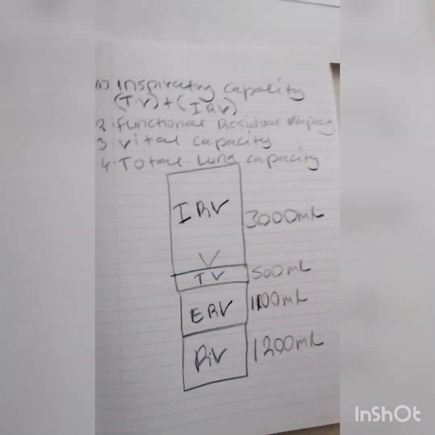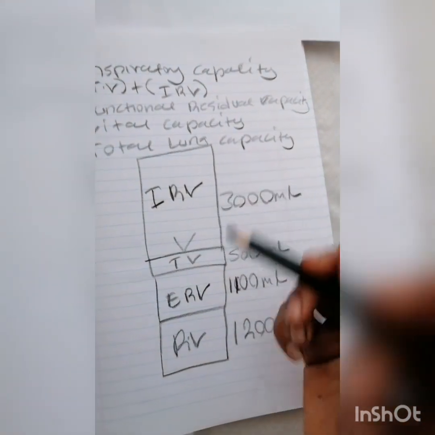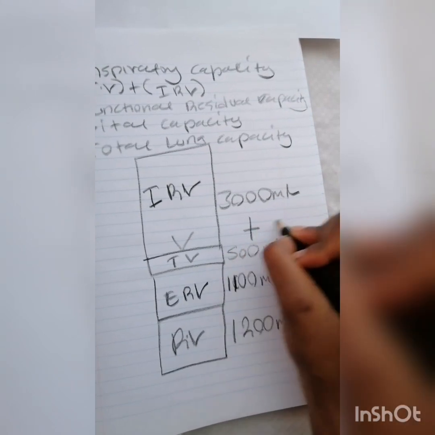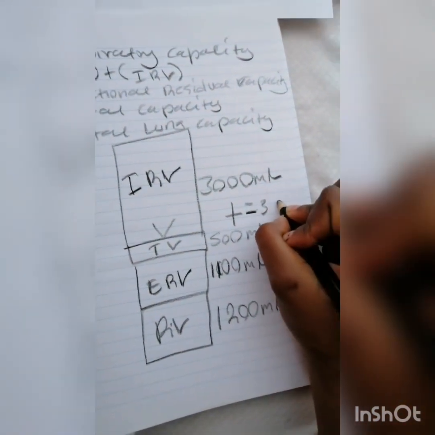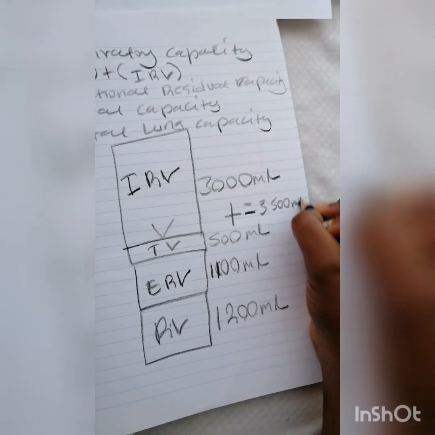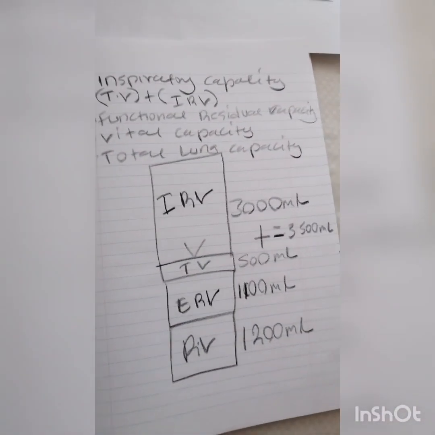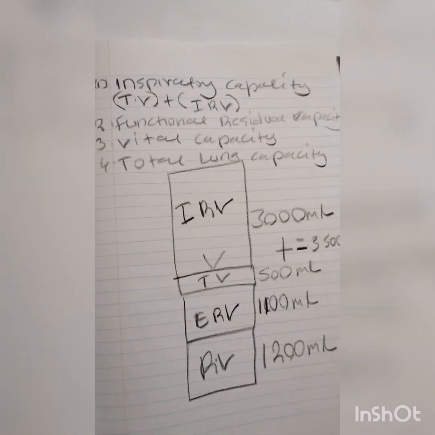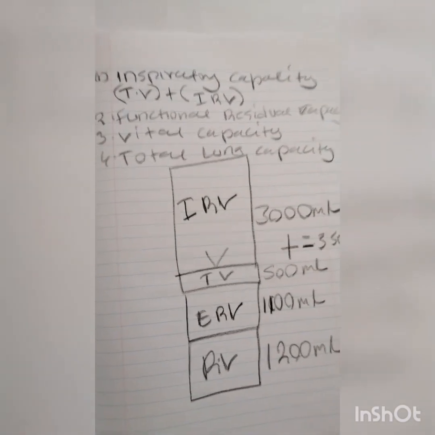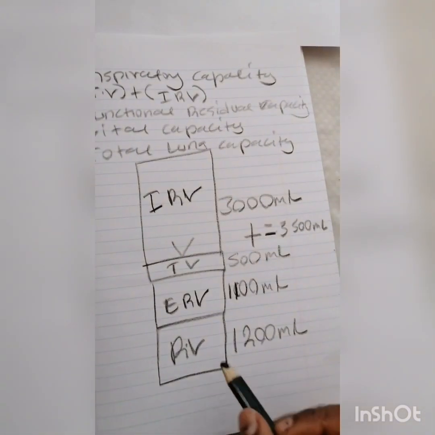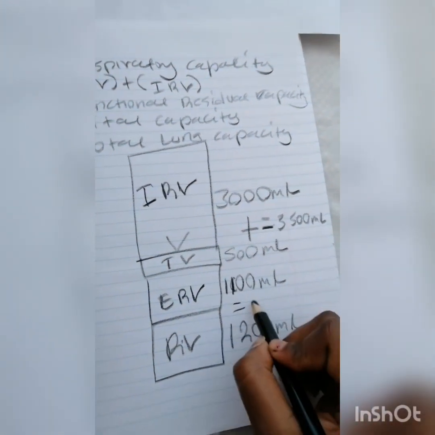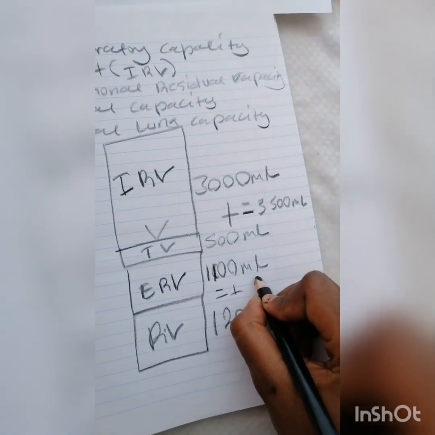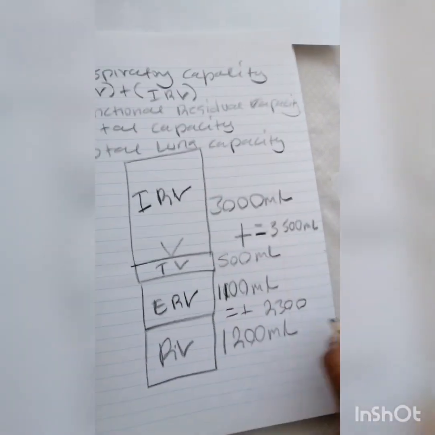Inspiratory capacity. This is simply tidal volume plus inspiratory reserve volume, which will give us 3500 milliliters. Functional residual capacity is simply the combination of expiratory reserve volume plus residual volume, which is about 2,300 milliliters.